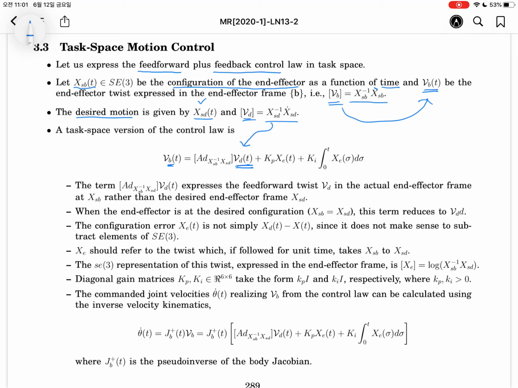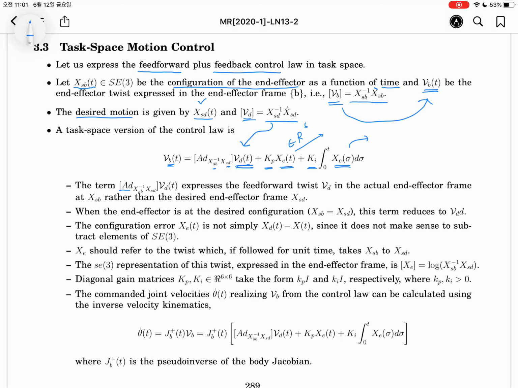So the adjoint operator will be used to transform the coordinate frame from D to B. And then the proportional gain matrix, and XE. XE belongs to R6, and the XE integration, corresponding to the position error and the integral error.